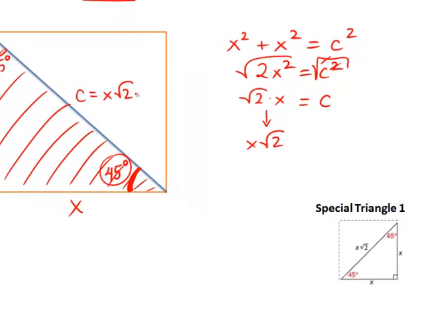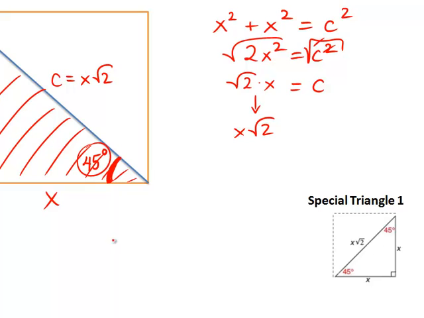So what that means is that no matter what, if we have a right triangle with 45 degrees in the interior angles, then say you had sides of 5 and 5, you'd know that the diagonal has to be 5 times root 2.